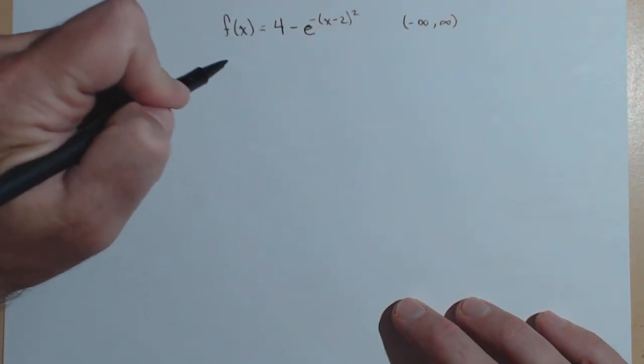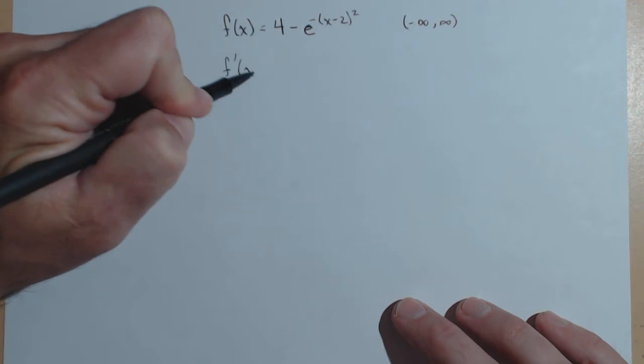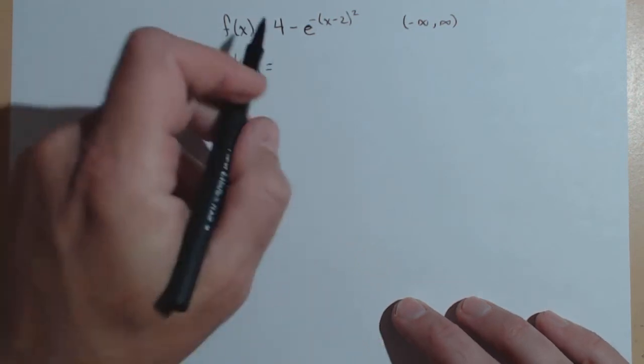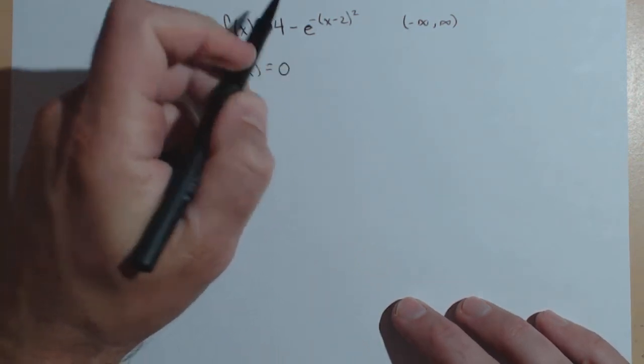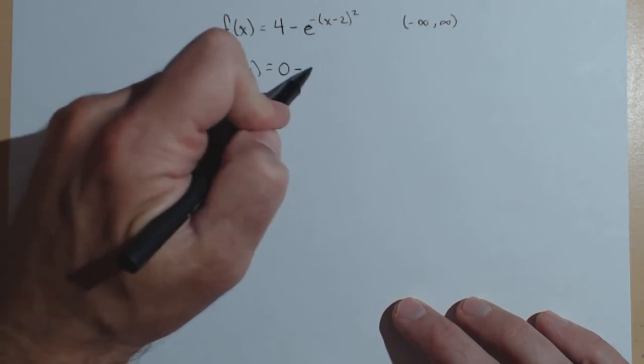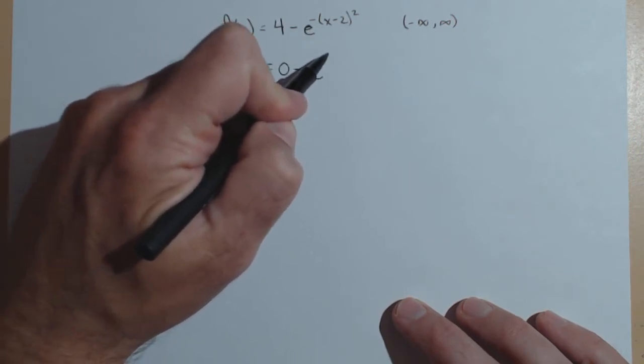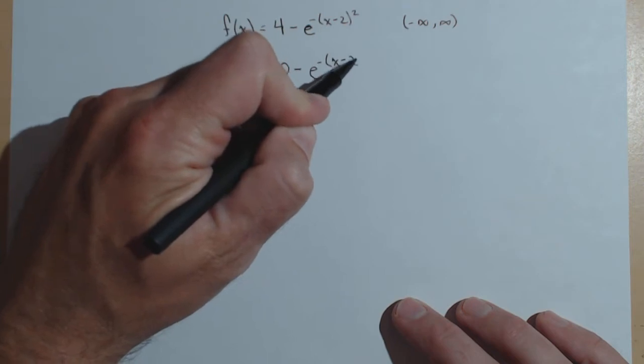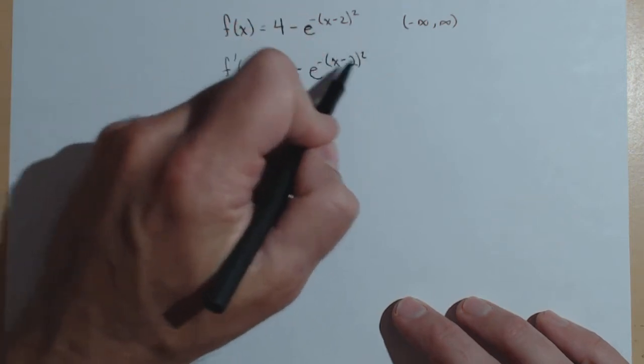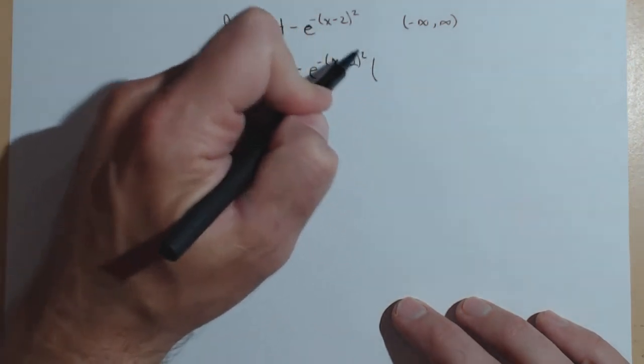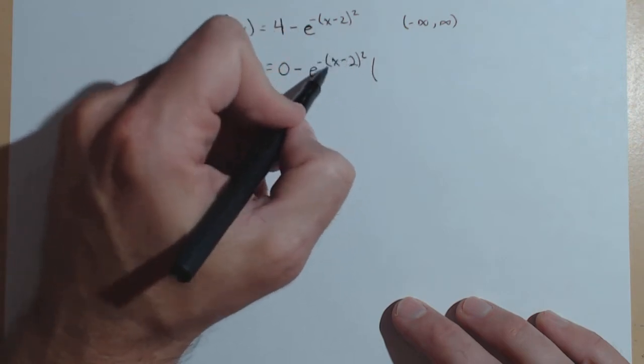Now, our first step is going to be pretty similar as far as we're still going to take the derivative of this guy. Derivative of 4 is 0. A derivative of an exponential always has itself in it, negative e to the negative (x minus 2) squared, times the derivative of the input, which is the exponent.